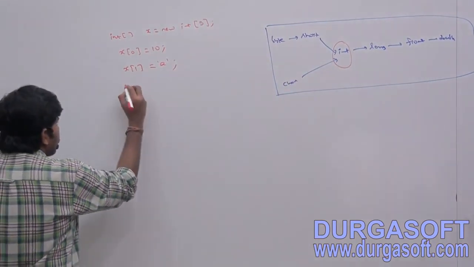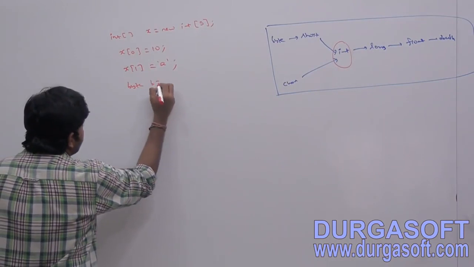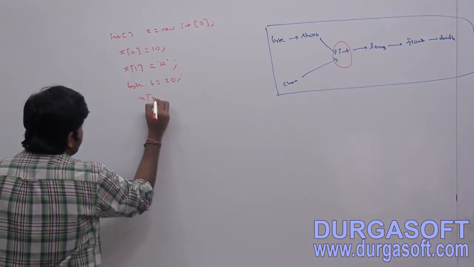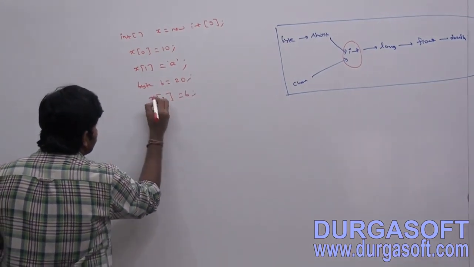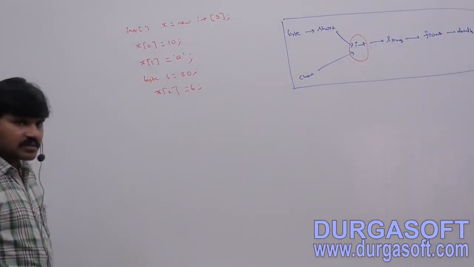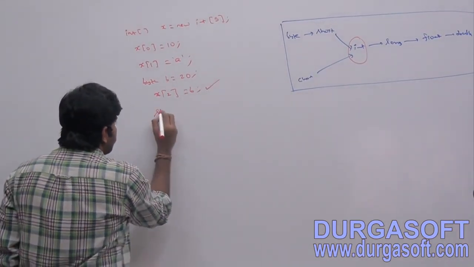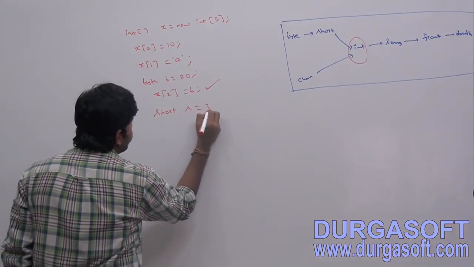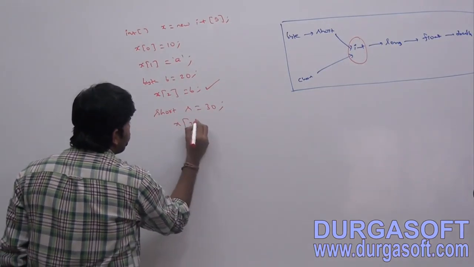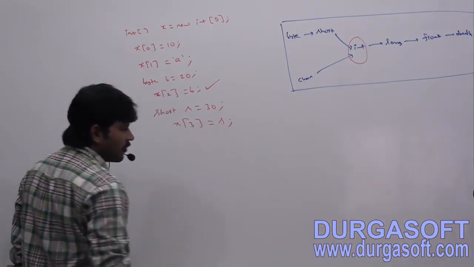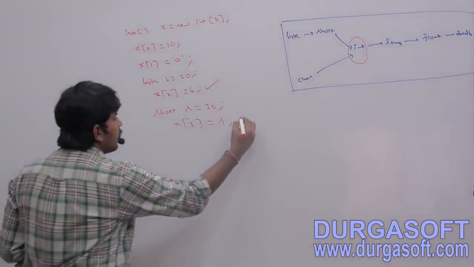No problem at all. Sir, byte b = 20, x[2] = b: valid or not? Valid. short s = 30, x[3] = s: valid or not? Yes, no problem at all.